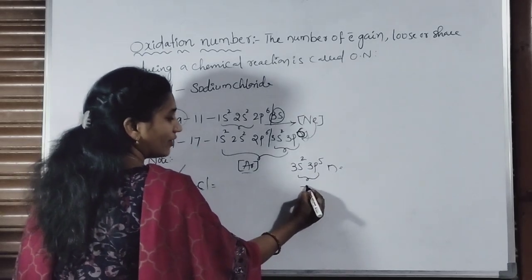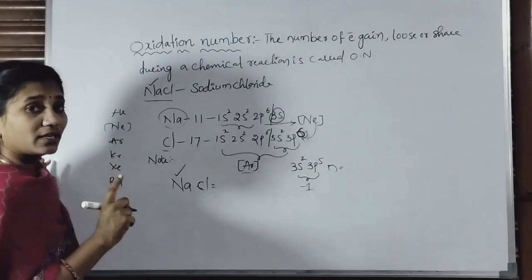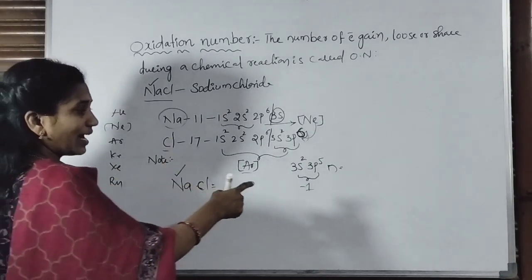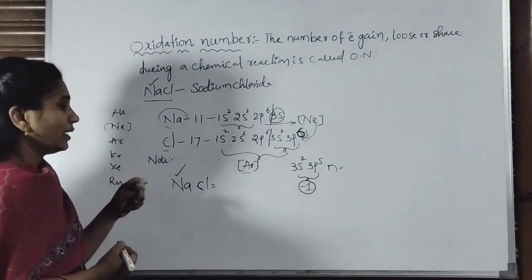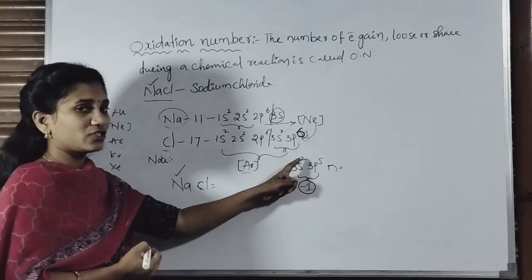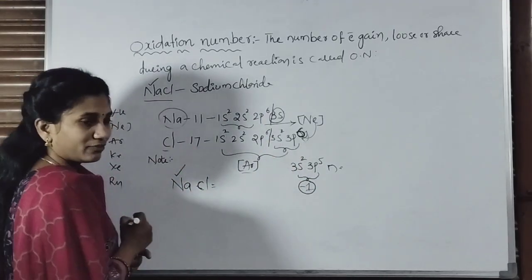Whenever any element wants to be stable in nature, if it gets one electron, that electron is written as the valency for that particular element. So the valency of chlorine atom is -1, we have to consider.